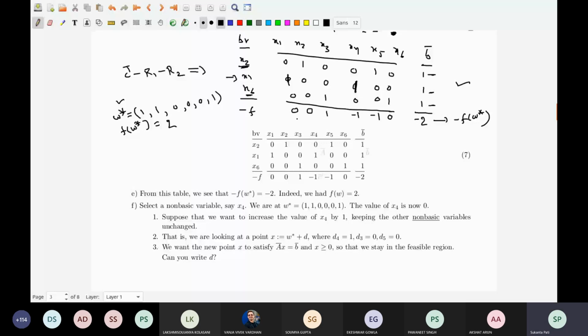Now C bar transpose has some negative entry, and therefore due to that test, the computer knows that this is not a minimal vertex. By our fundamental theorem, we know that the minimum will be attained at some vertex. So the idea is to get a new cheaper vertex.